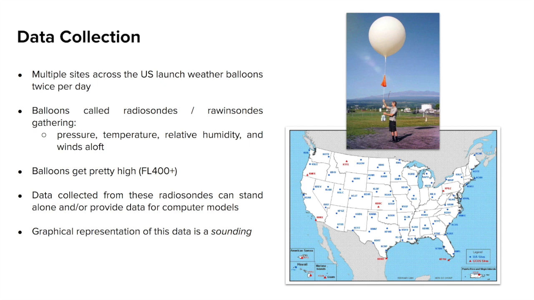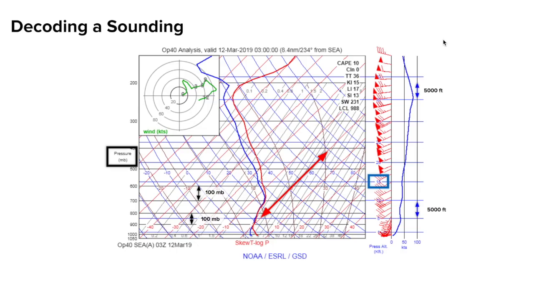So as long as you have a METAR, you can generate a sounding. And again, down here, the graphical representation of the weather balloon data or the interpolated computer model data is what's called a sounding. Okay, so we'll get right into a sounding that's shown here, and we'll decode it piece by piece, and then we'll get into some examples.